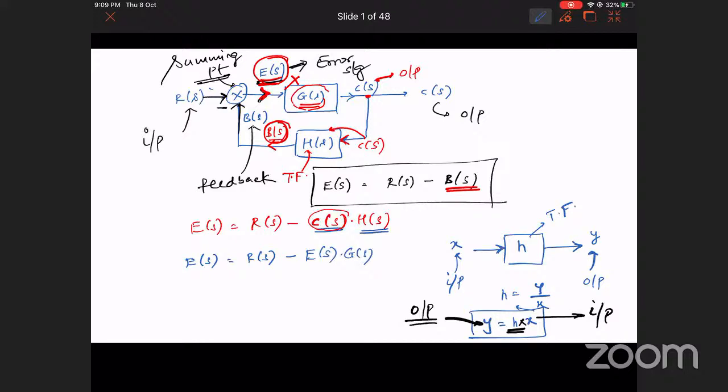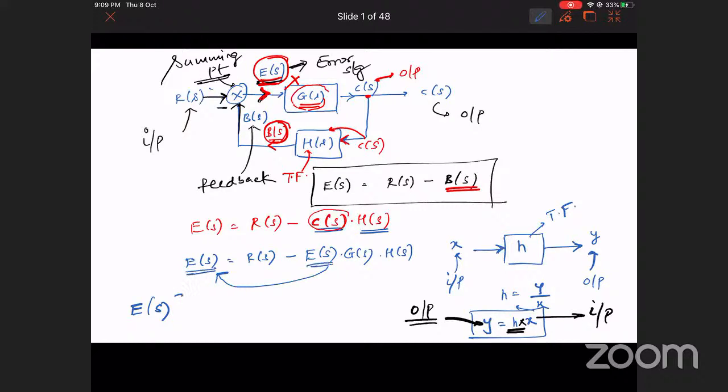And by the way, we already had H of s, so let me write it as it is. I hope you understood this. Next, I'm going to shift this to the left hand side. So I can take E of s common, because we have E of s here and here.